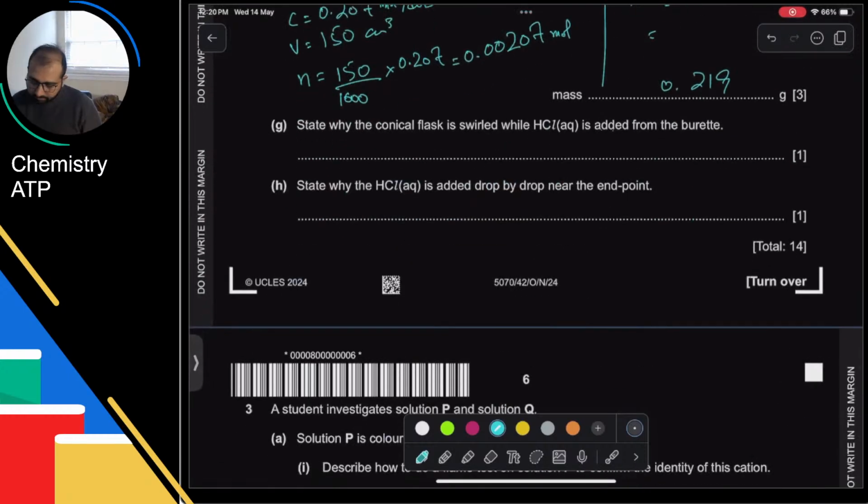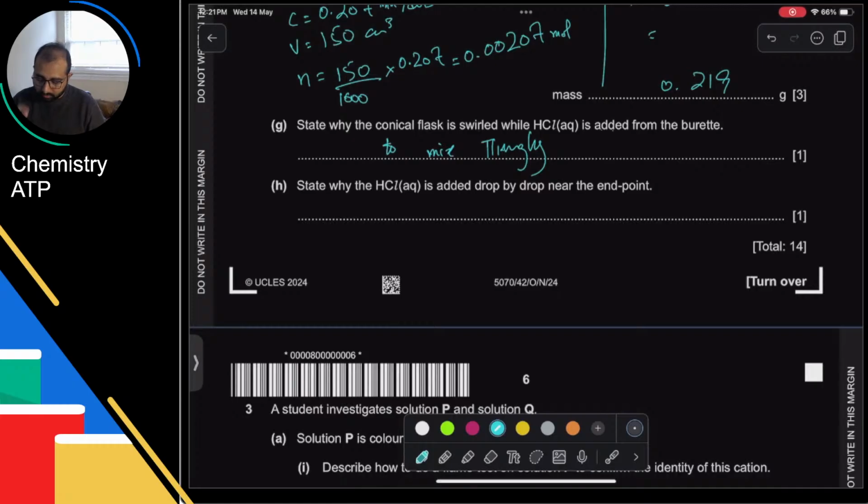State why the conical flask is swirled while HCl is added. To make sure everything reacts slowly and gradually, instead of everything just piling up at the end. Okay, so HCl is added, so to mix thoroughly.